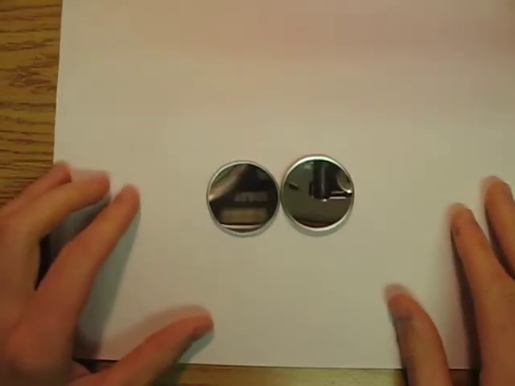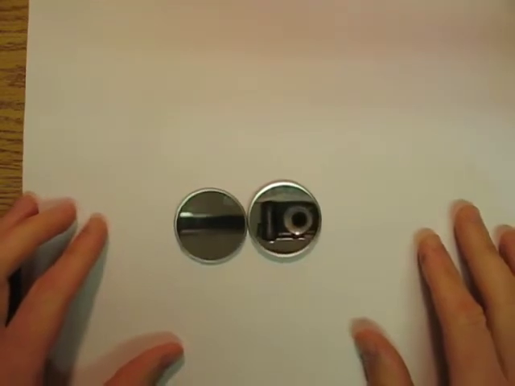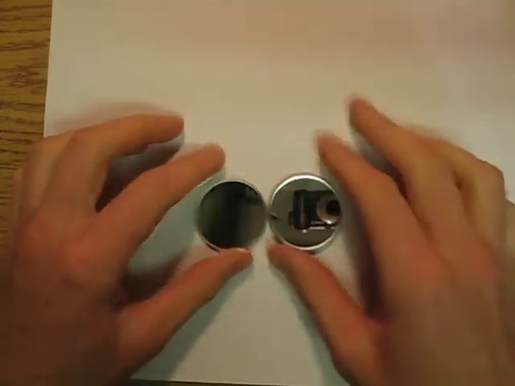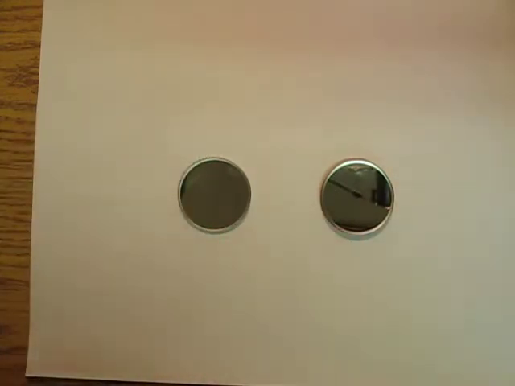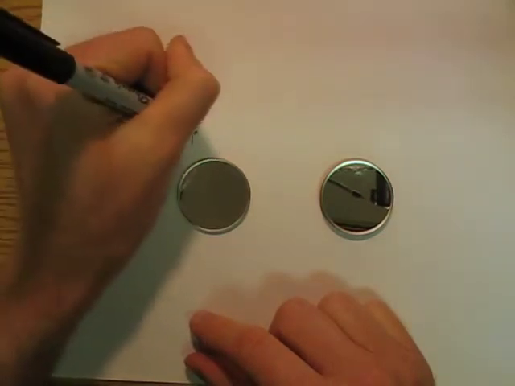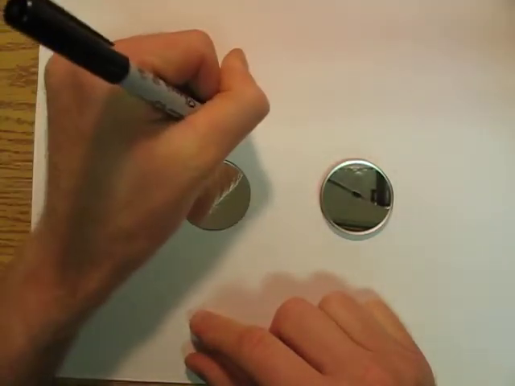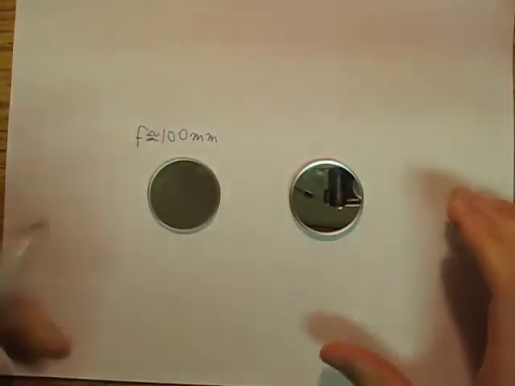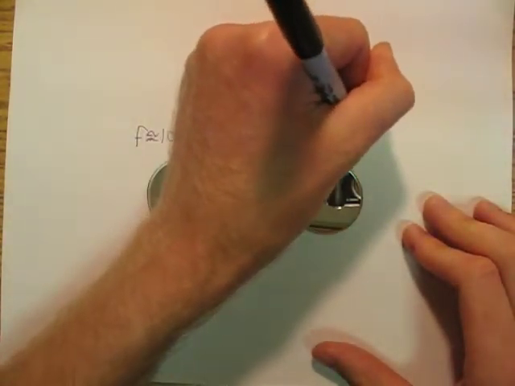So there's a concave mirror, and there's another concave mirror, and they're probably not really all that in focus. The focal length of this one should be in the neighborhood of 100 millimeters, and the focal length for this one should be in the neighborhood of 50 millimeters.